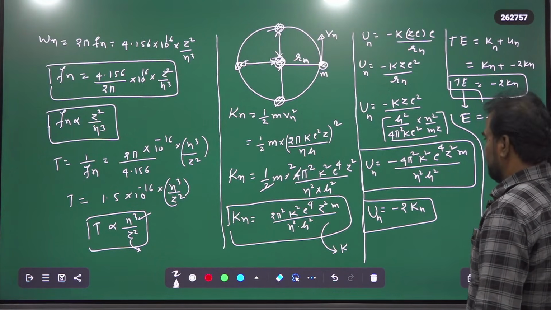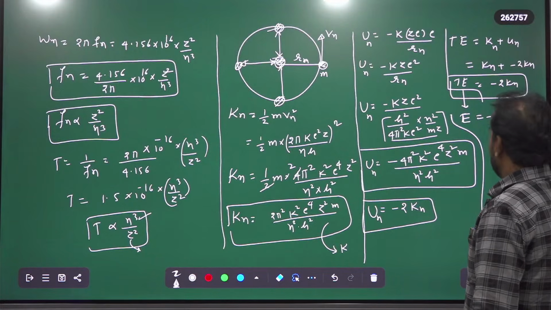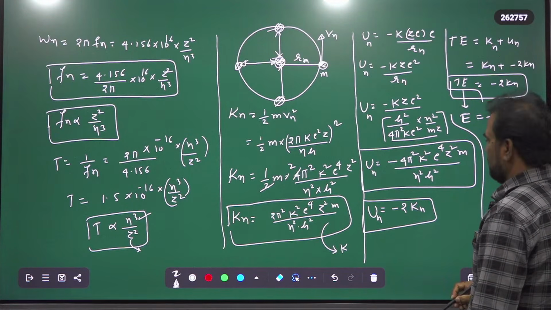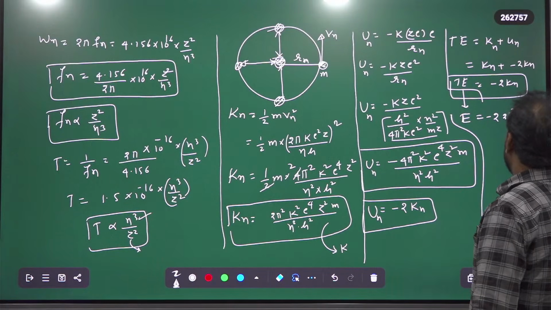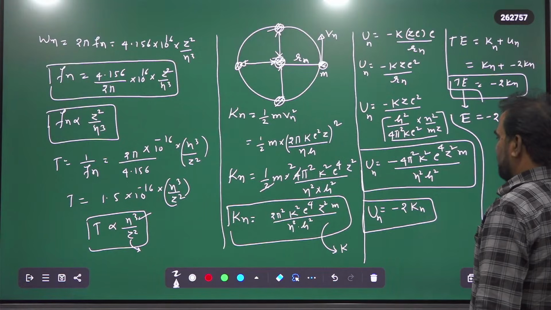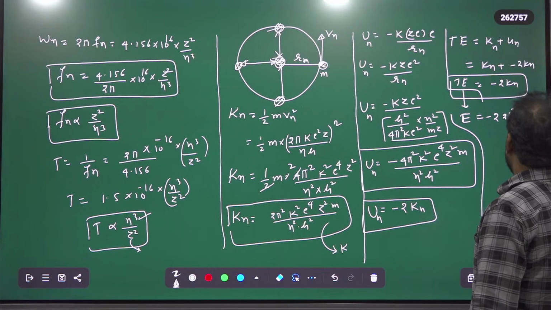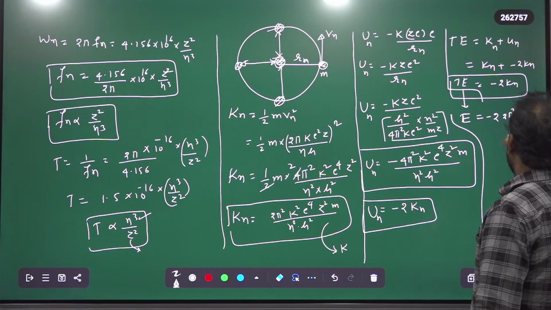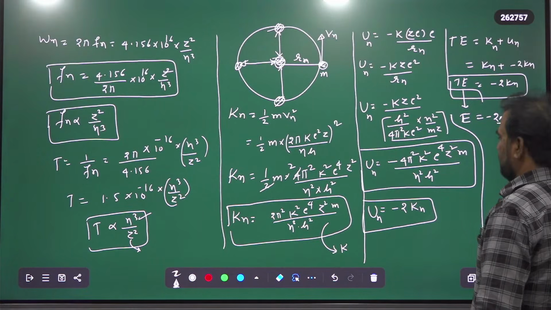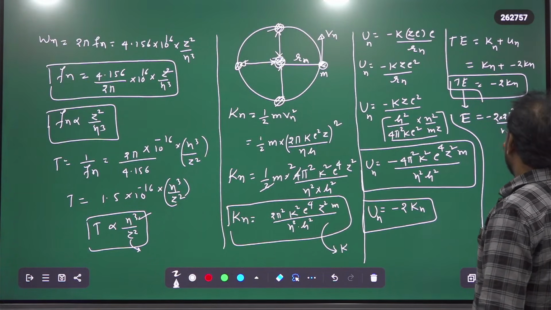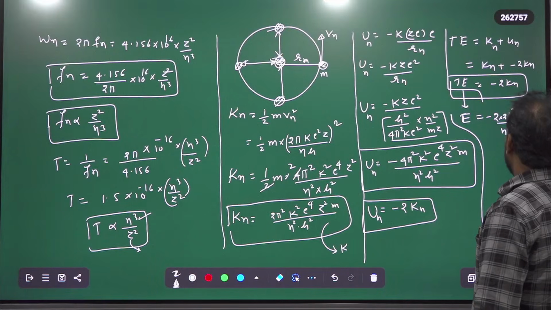Kn is 2 pi square into k square into e power of 4 into z square m upon n square into h square.